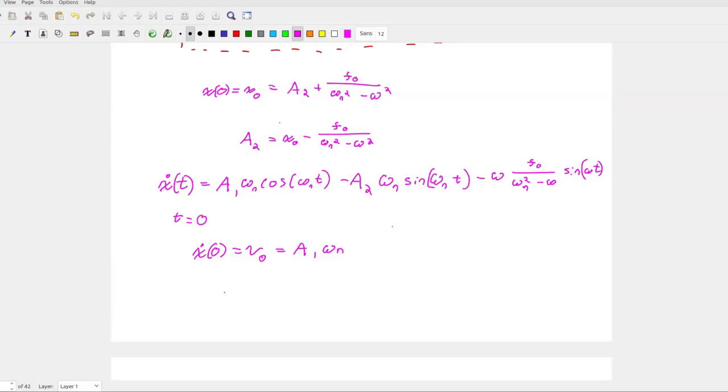And then real quick, a1 is equal to v naught over omega n. And if you don't write much down, write that a1 down and that a2 down.